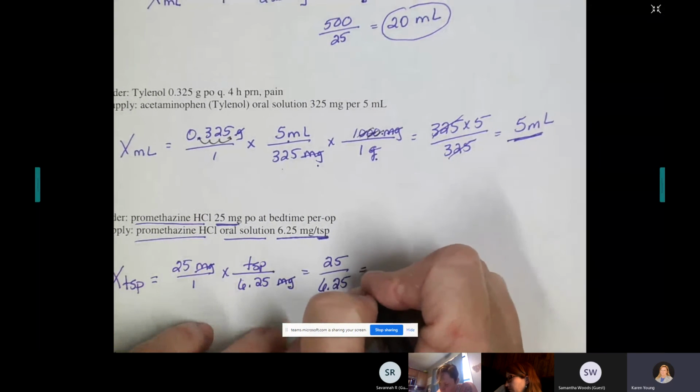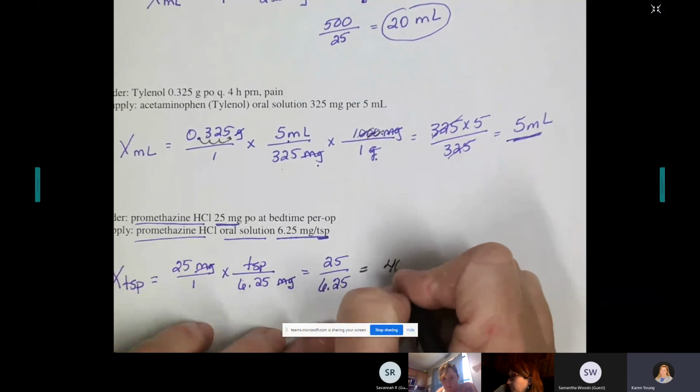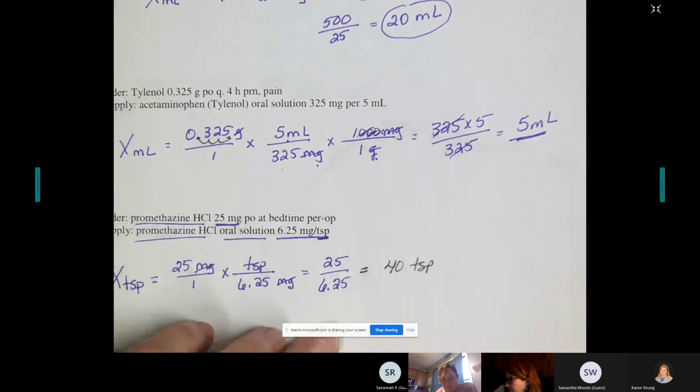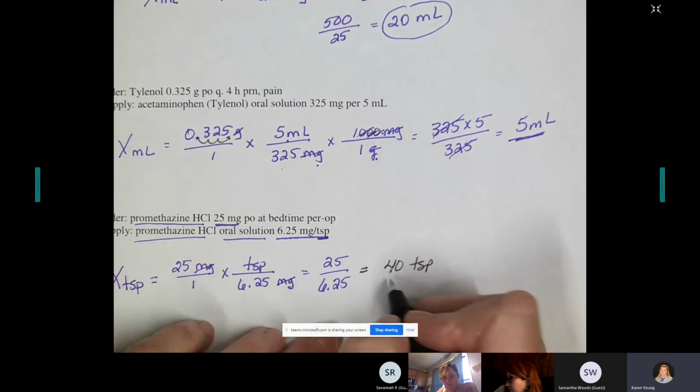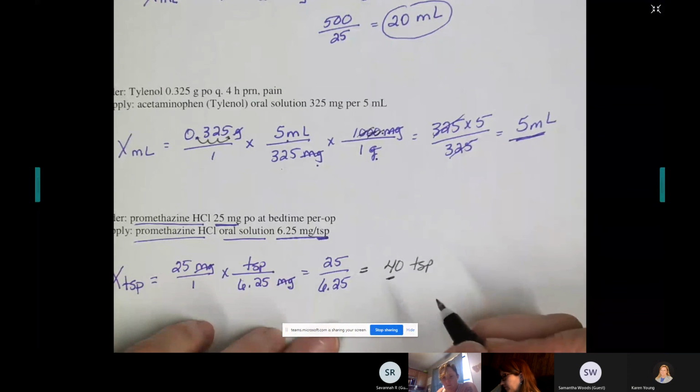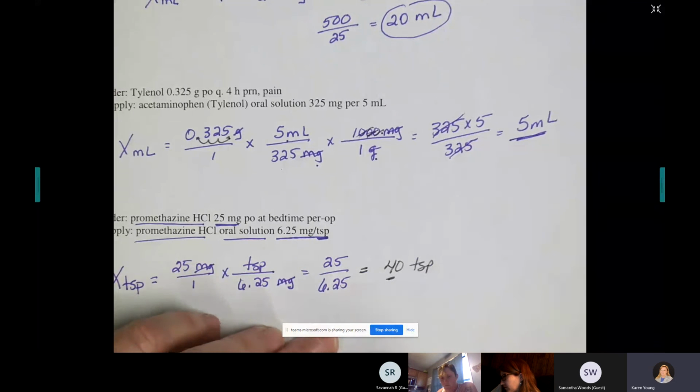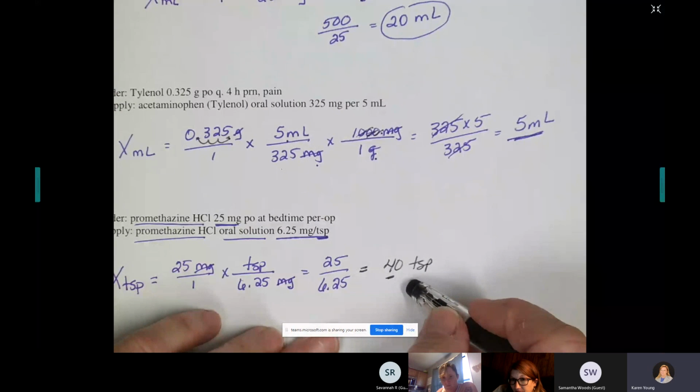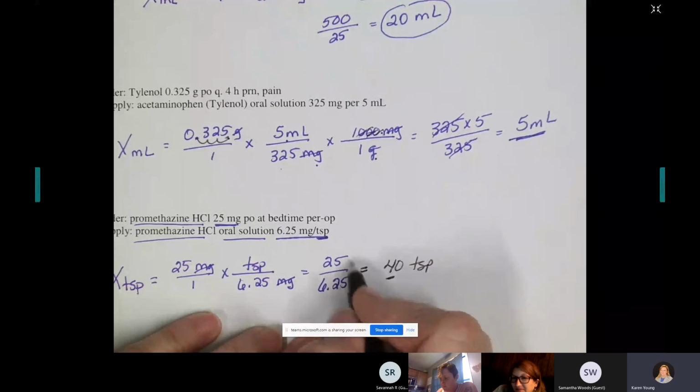And then this morning when we did this, I thought they said 40 teaspoons. But if you put 25 in your calculator and come out with 6.25 and you get 40, that's a lot of teaspoons, right? So, yeah, this is where if you get something like this, some outrageously large number, you want to go back and double check your math.